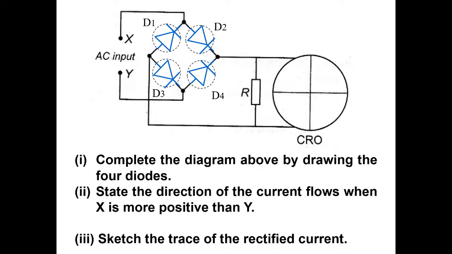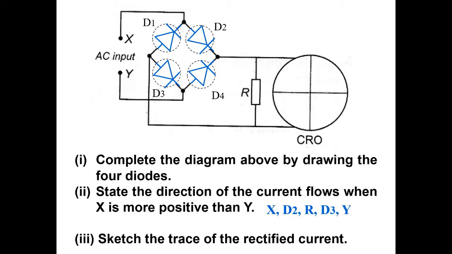And then state the direction of the current flow when X is more positive than Y. X is more positive, which means the current flows from X to Y. Which diodes do you need to pass through when current flows from X to Y?